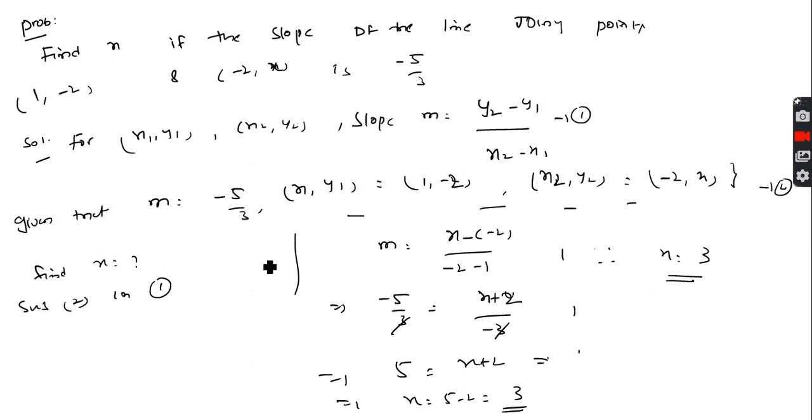Then we find x. Substitute 2 in 1. Then we get m equals y2 minus y1 by x2 minus x1, that is m equals x minus of minus 2 by minus 2 minus 1. Then we get x equal to 3. So therefore we find the value of x. The value is equal to 3.